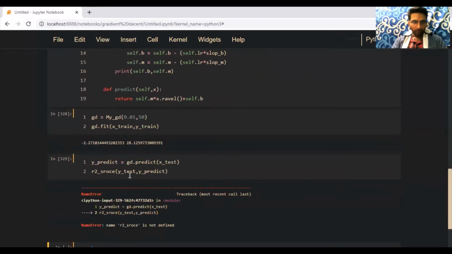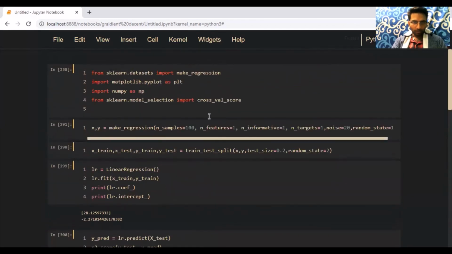It's not defined. R2 score is not defined. What has happened? R2 score is not defined.